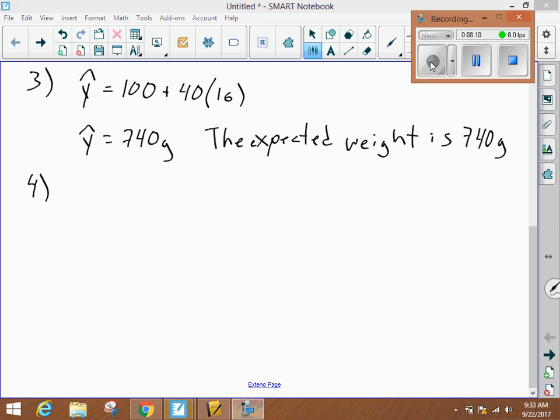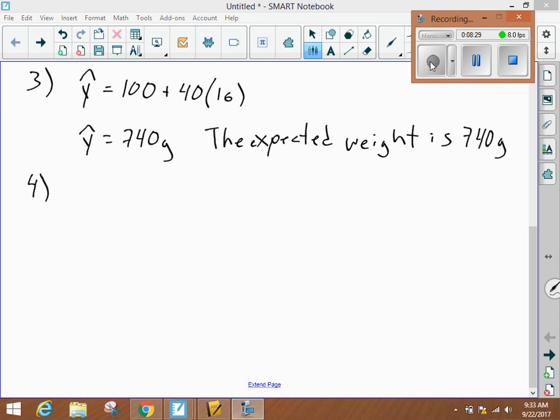Okay, so should you use this line to predict the rat's weight at age 2 years? No, don't be silly. That's extraneous data. Yeah, we would be extrapolating at that point. We would really like to interpolate.